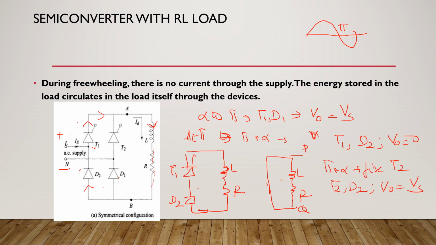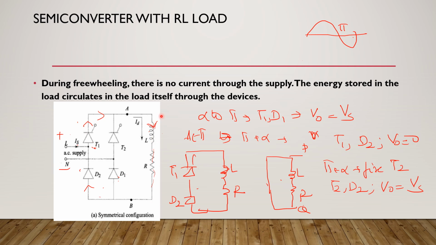The condition is that at alpha we are firing T1, and T1 and D1 will continue together. The load stores energy. At pi, the voltage becomes 0, but the current cannot immediately become 0 because it's an inductive load. So the load induces an opposite polarity voltage.